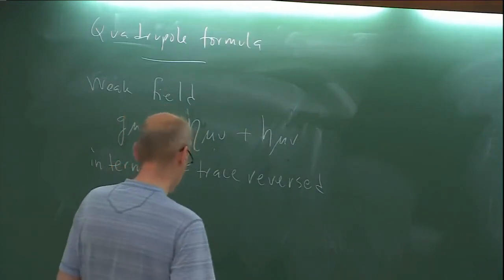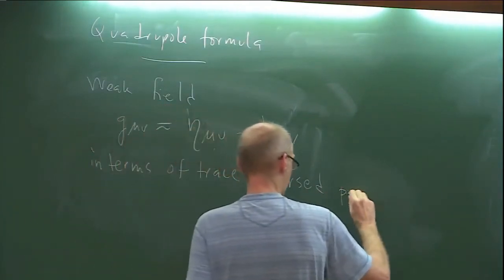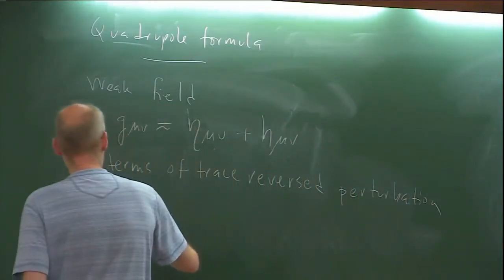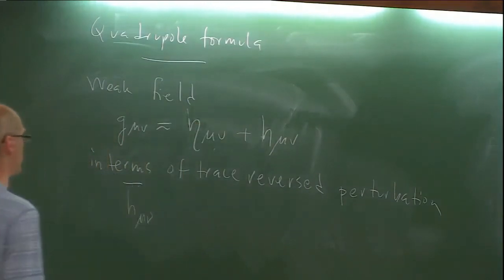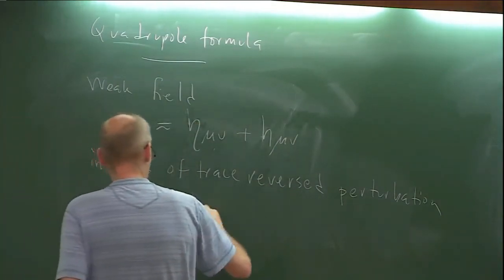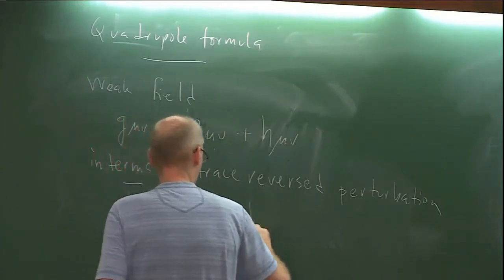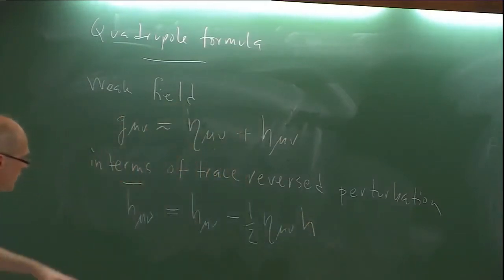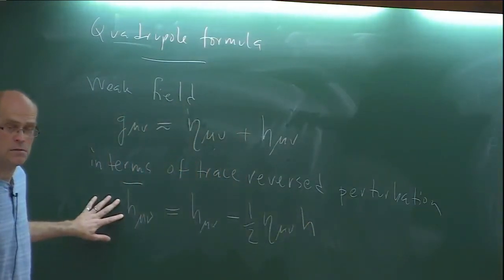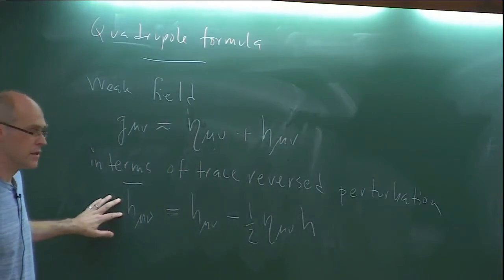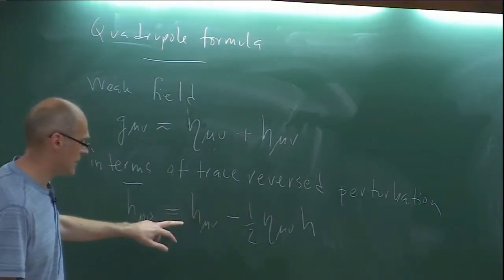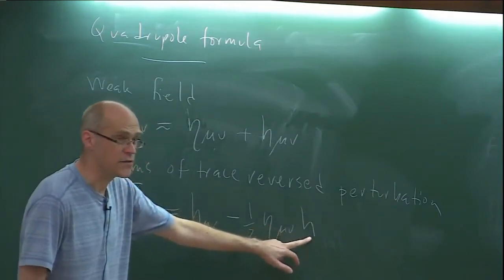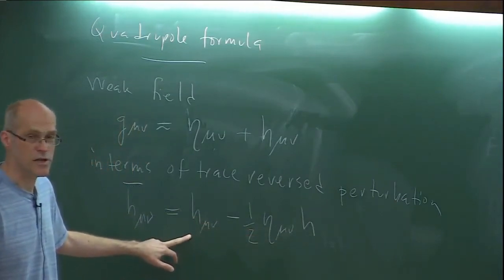The reason it's a good idea is that when you write down this guy, let's call it h bar mu nu, so it is h mu nu minus a half eta mu nu times the trace of h, this combination is exactly the combination of the two-index object, metric, and the trace that sits in the Einstein tensor.